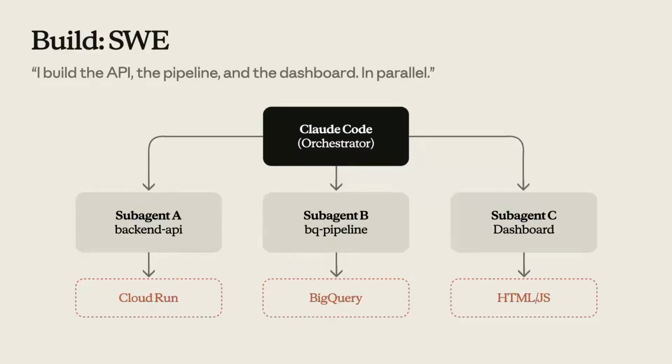As you can see here, we are going to spin up 3 different sub-agents, one for the API, one for the ingestion pipeline, and the other one for the dashboard. And you can parallelize the implementation of each of these components, just like you run a team sprint in your usual development lifecycle. So let's see this in action as well.